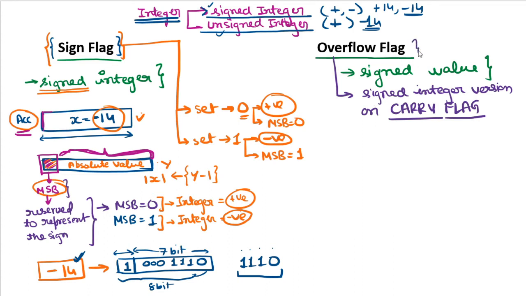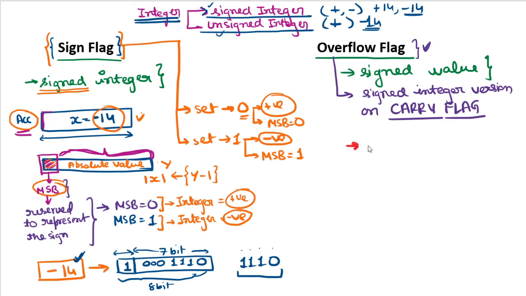So how is the overflow flag the signed equivalent of the carry flag? Let's discuss that. The carry flag basically gets raised when the result of an operation can't be stored in the accumulator register.